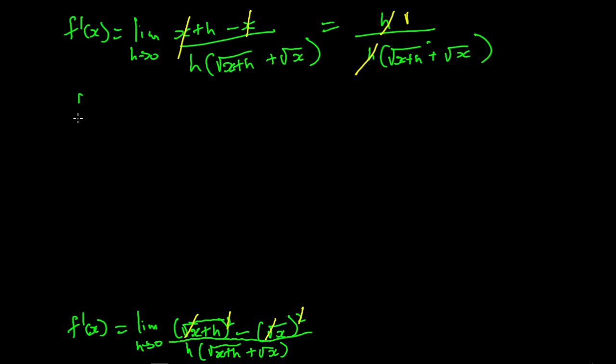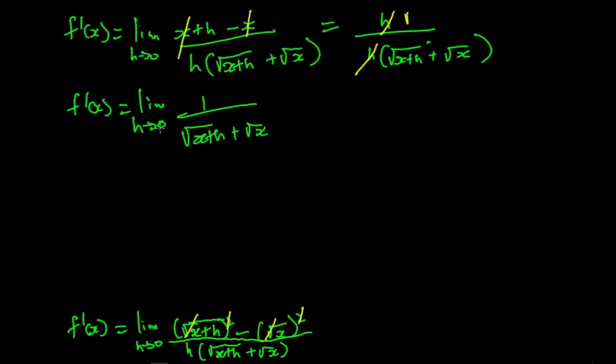So that means our f prime of x is equal to 1 over the square root of x plus h. Therefore, our f prime of x is going to be the limit as h approaches 0 of 1 over the square root of x plus h plus the square root of x.